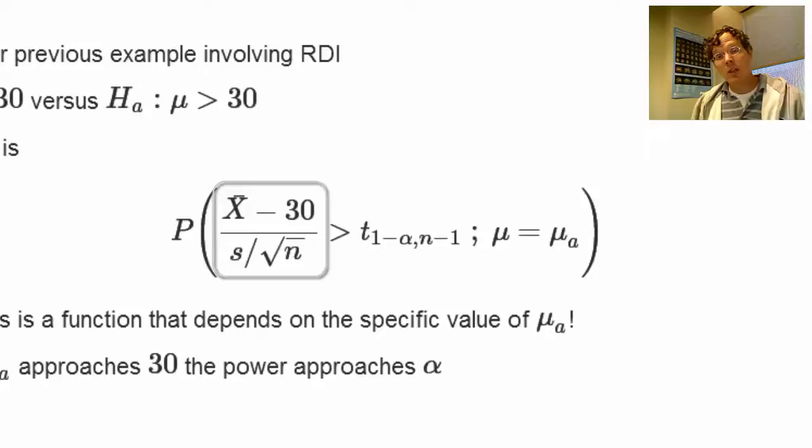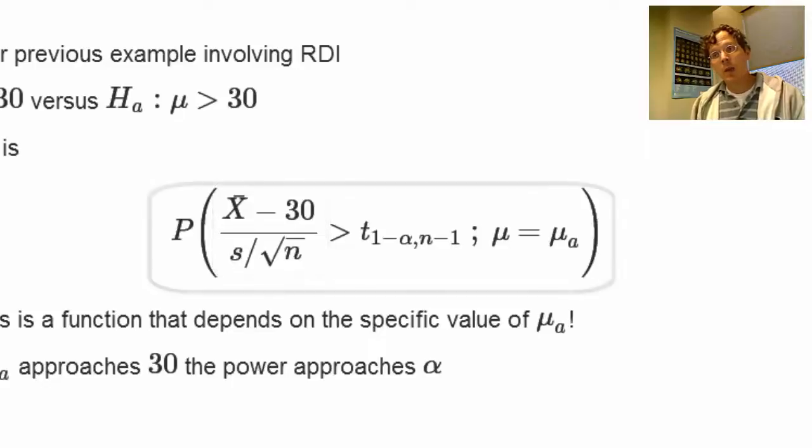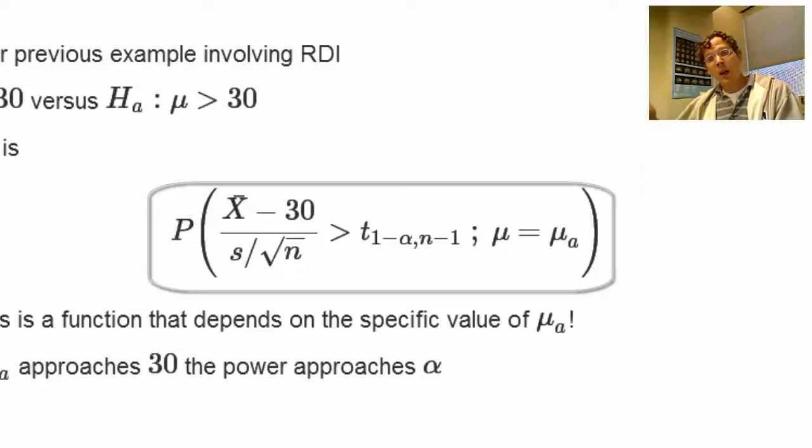That statistic, we're assuming, follows a t-distribution under the null hypothesis. So if we calculate the probability that that statistic is bigger than the upper 1 minus alpha quantile of a t-distribution, that probability will be alpha if we calculate it under the null hypothesis when mu is 30.